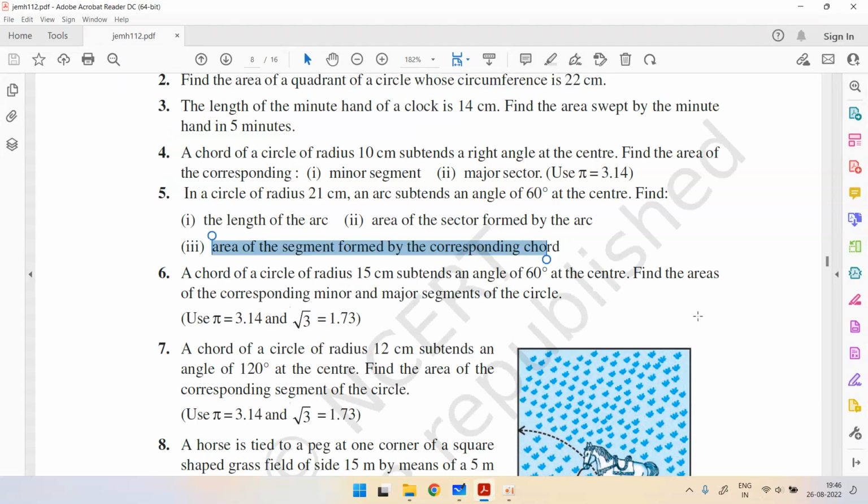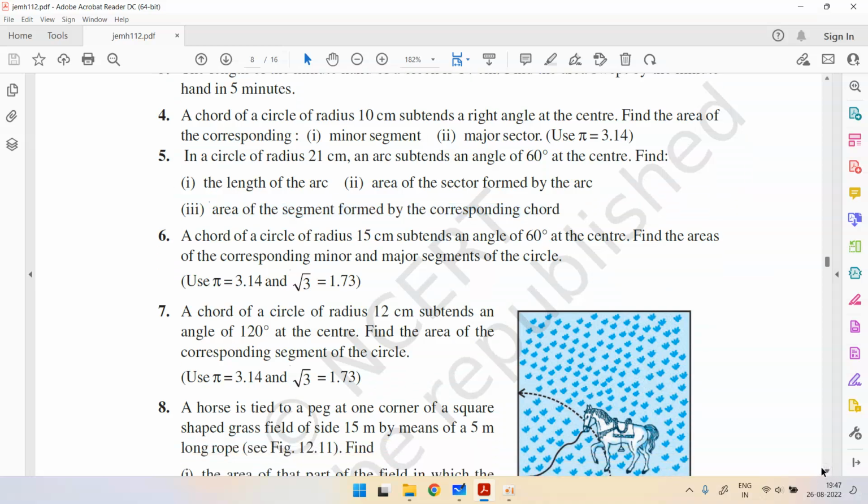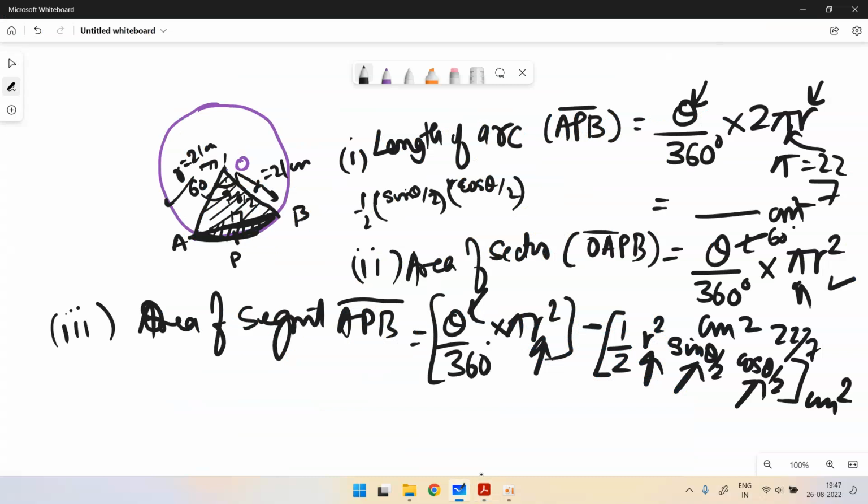Sixth question. A chord of a circle of radius 15 centimeter subtends an angle of 60 degree at the center. Find the areas of the corresponding minor and major segments of this circle.